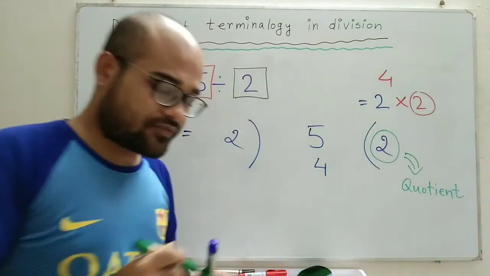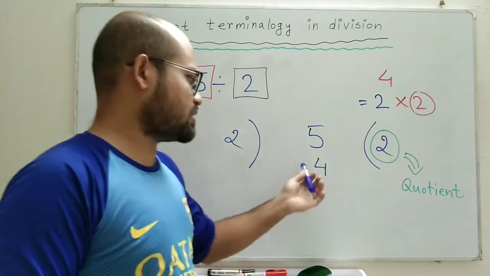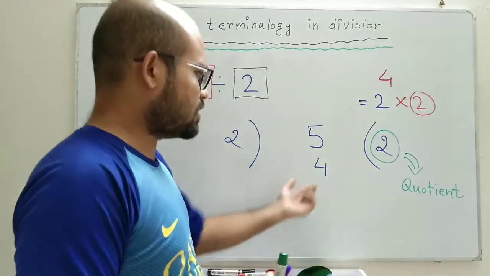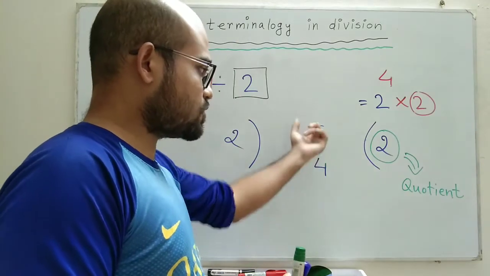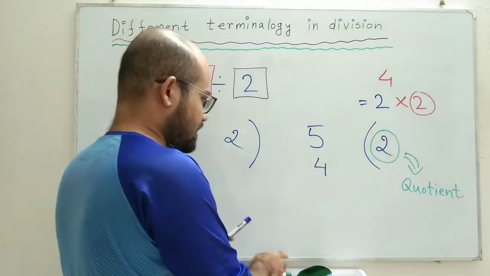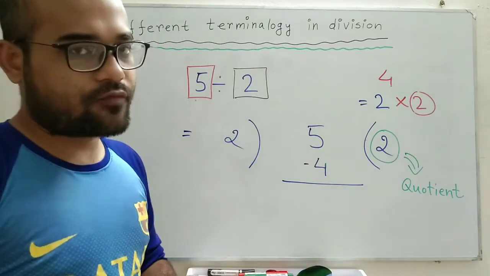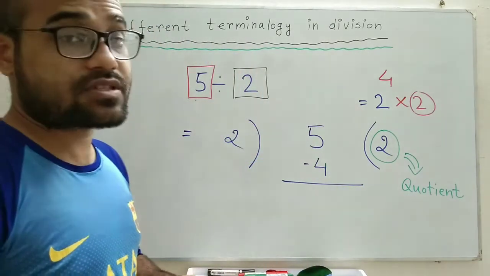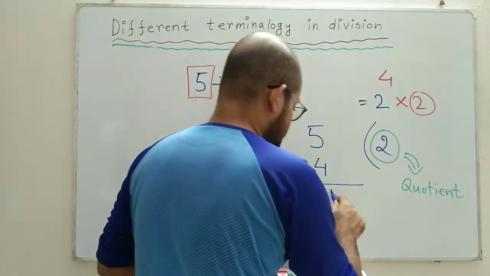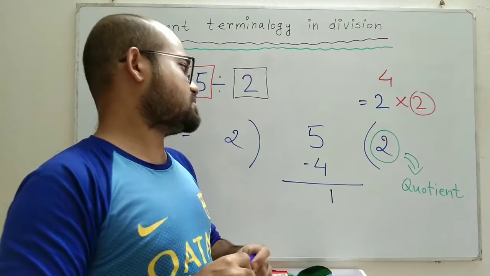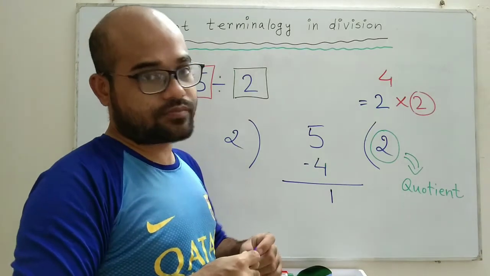Okay, after having defined quotient, let us return back to our division process itself. What do we do after getting this 4? Well, we subtract this 4 from 5. So 4 subtracted from 5 gives us how much? 1. Now the natural question comes, can I continue the division process?